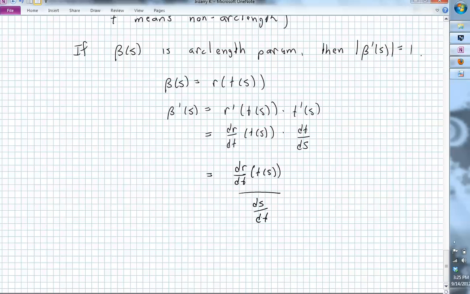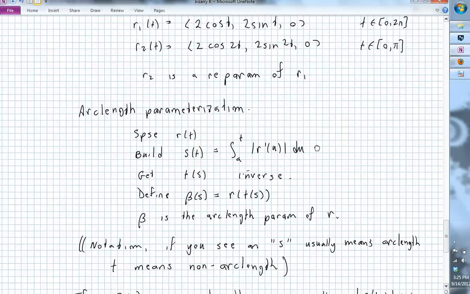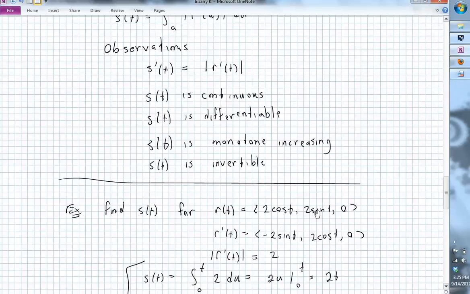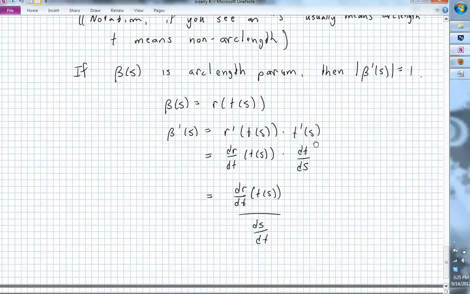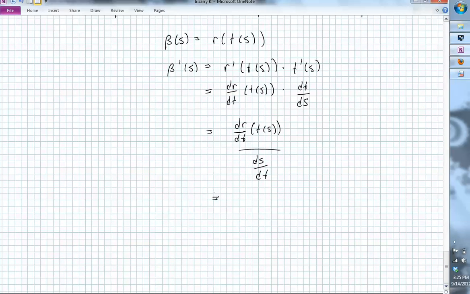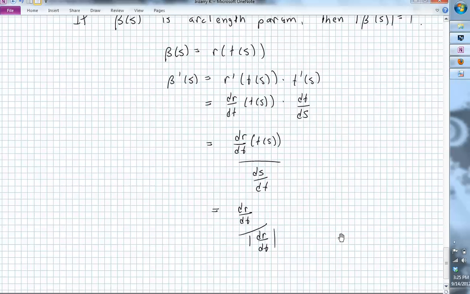Why do I care about ds dt? Go way back. Notice here that ds dt is this. Take the magnitude of both sides. I'll just do it right here.